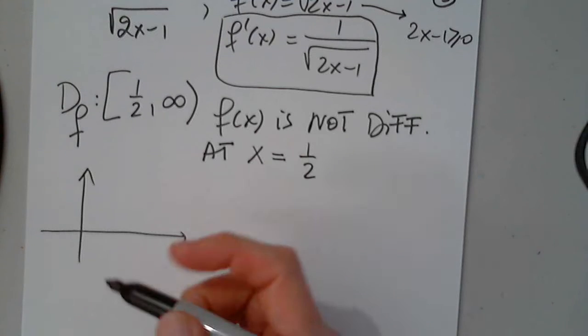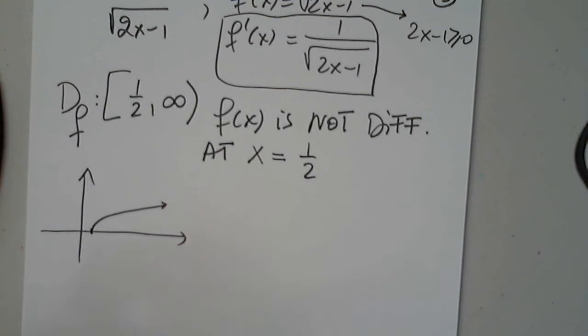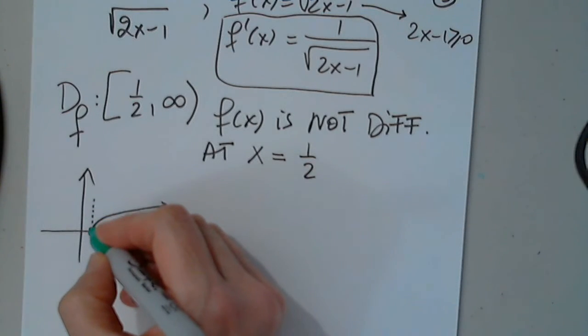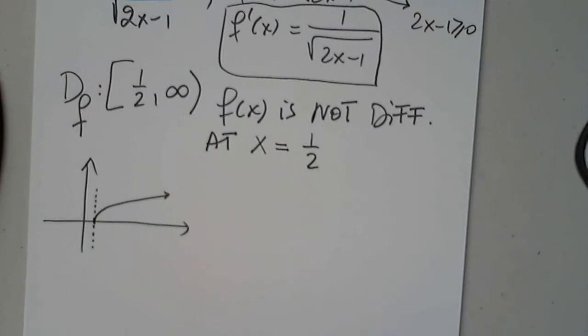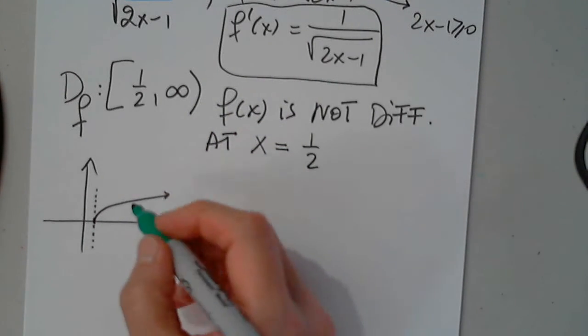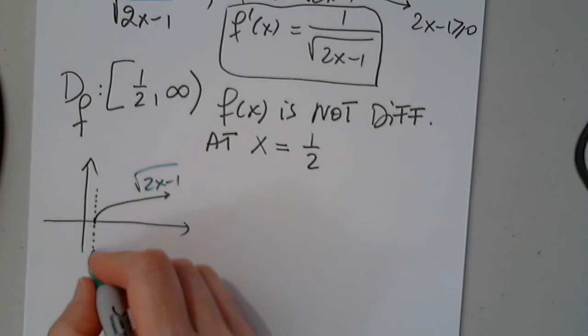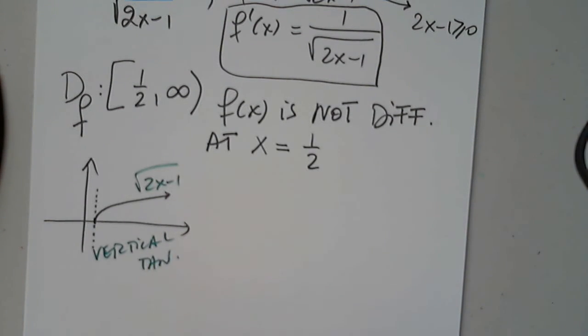So see, this function, when you graph it, starts at 1/2 and looks like this. And here's the problem. At this point, the function square root of 2x minus 1 is not differentiable. Why? It has a vertical tangent.